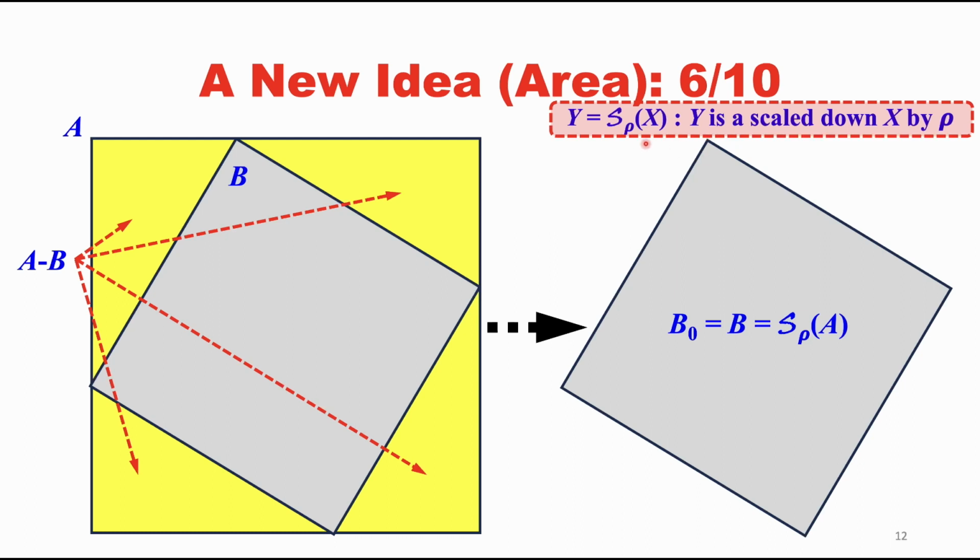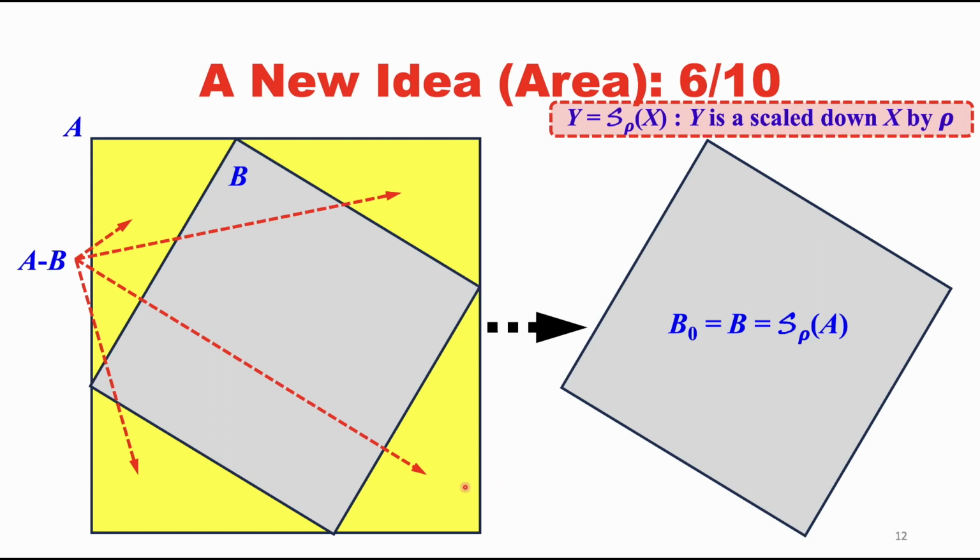Now, let's use a very simple notation. S sub rho indicates that the shape X is reduced to Y by scaling it down by rho linearly. And if there's a square, it means we are scaling down by the square.